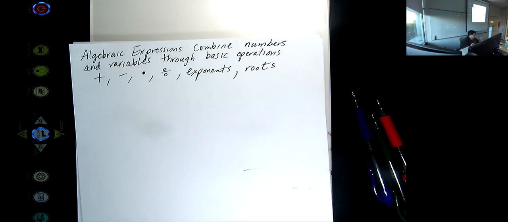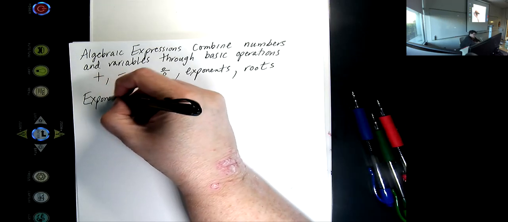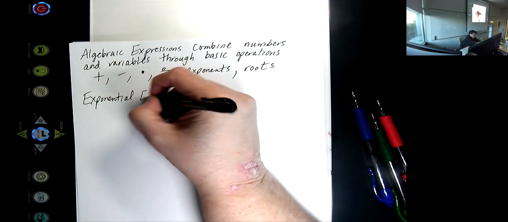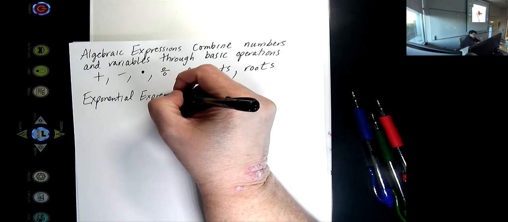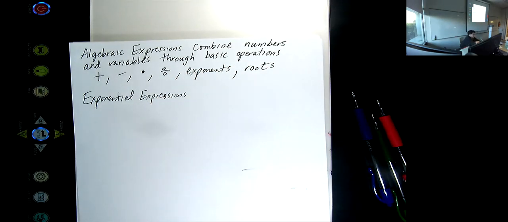Those are algebraic expressions. Some of those are called exponential expressions. They have an exponent in them.